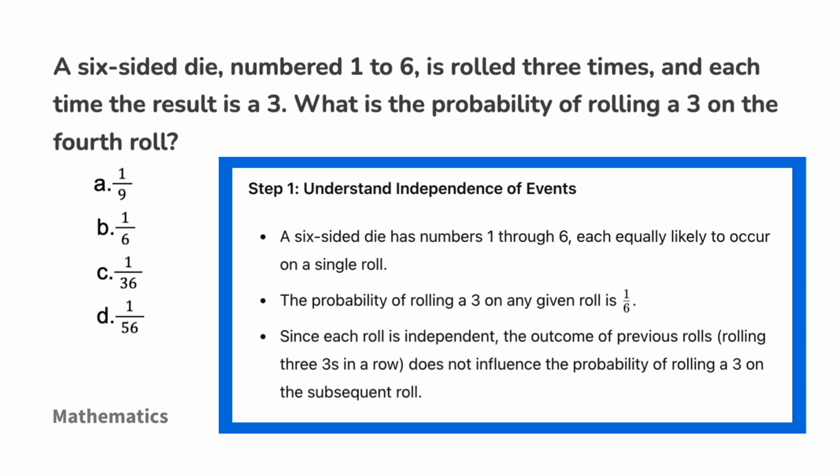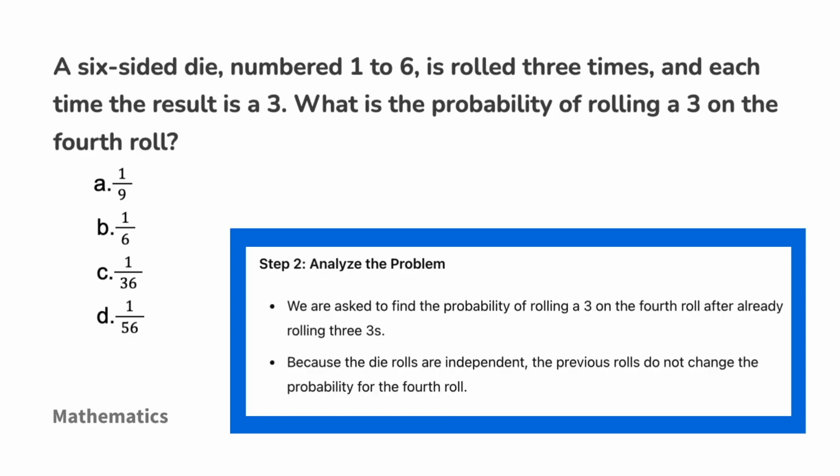So now it's time to analyze the problem. We are asked to find the probability of rolling a 3 on the fourth roll after already rolling 3 threes. Because the die rolls are always independent, the previous rolls do not change the probability of the fourth roll.